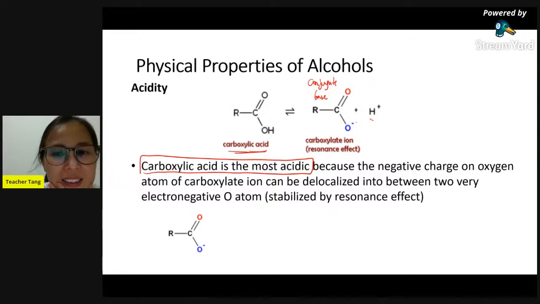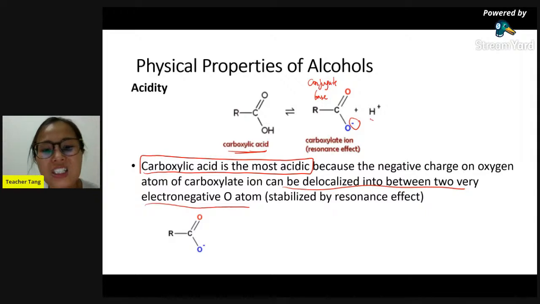It is because the negative charge on the oxygen can be delocalized into the pi system of the carbonyl group, of the carboxyl group, and then it can be delocalized between the two very electronegative oxygen atoms. So basically, the conjugate base is stabilized by the resonance effect.